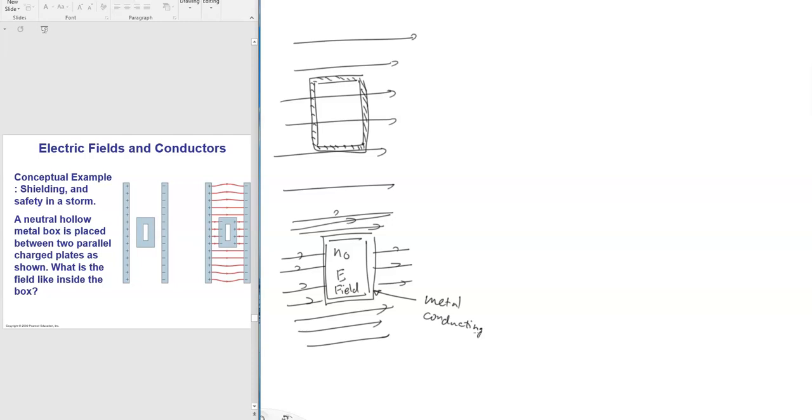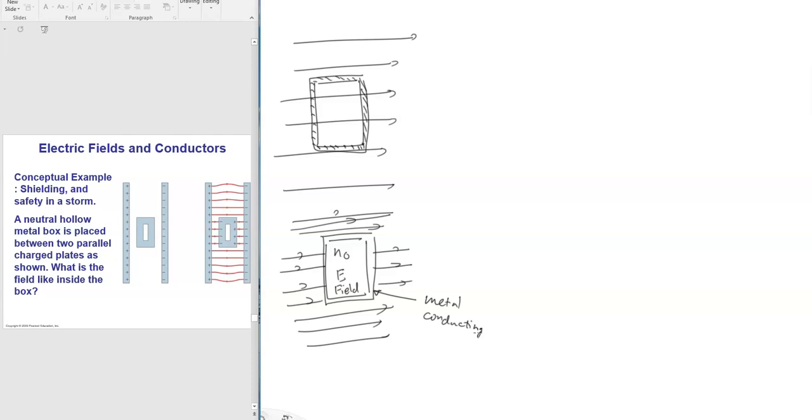Michael Faraday actually did a lot of research into this. He lived probably like 200 years ago, I believe. Yeah, at that time he didn't have cell phones or anything, but he realized that electric fields can be shielded and things inside the box are protected from these electric fields.